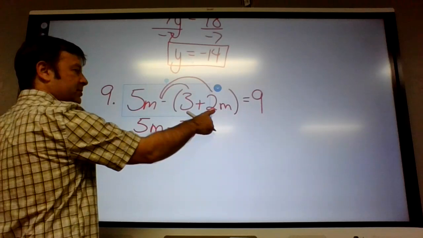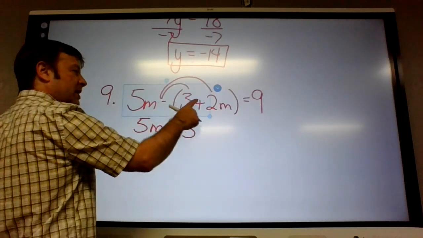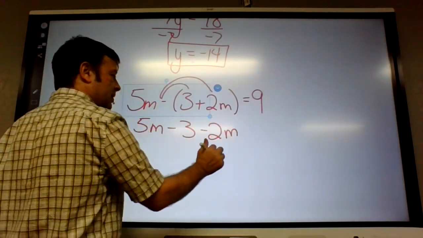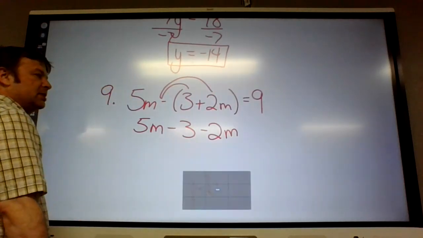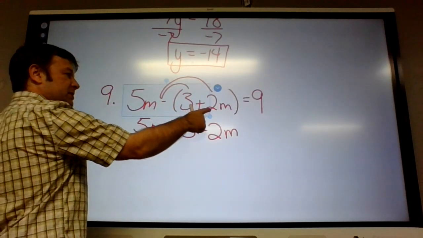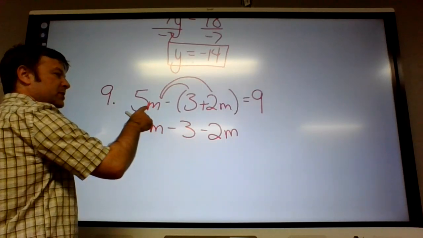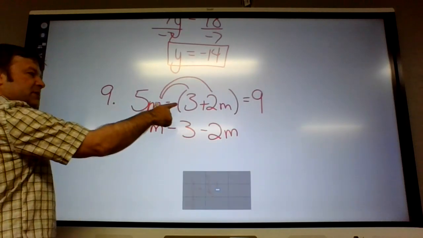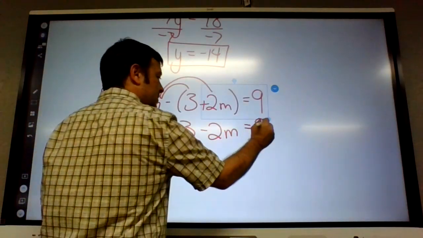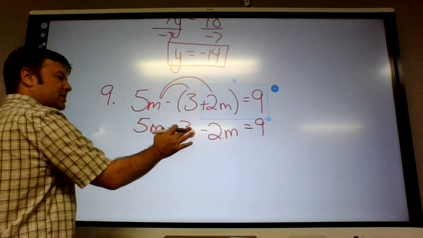And this is where people usually get this part wrong, it's also minus 2m. So, why didn't we multiply the 5 on this? Well, 5's not next to the parentheses, but the minus is, so you gotta subtract both of these. Minus 3, minus 2m. And then, Allison, how could we simplify this left side?